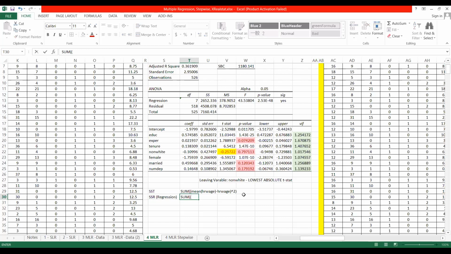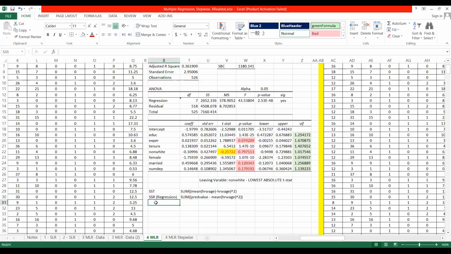So this is our fitted, our predicted value, or the forecast value. Minus, so what do we subtract it from? We compare it to the average, the mean hourly wage, that's the average. Then we square that, okay? And then we sum it.